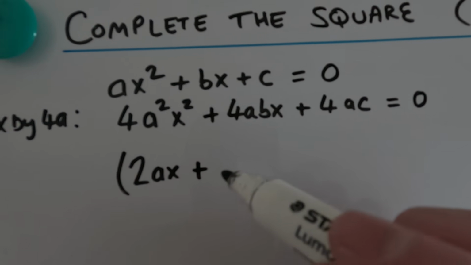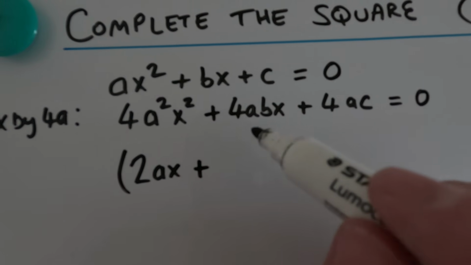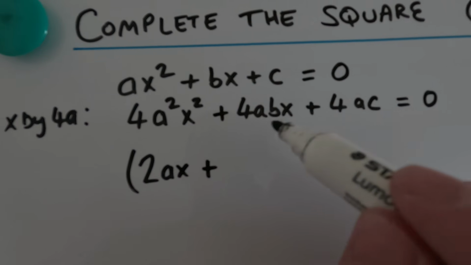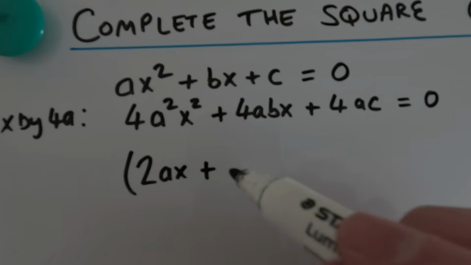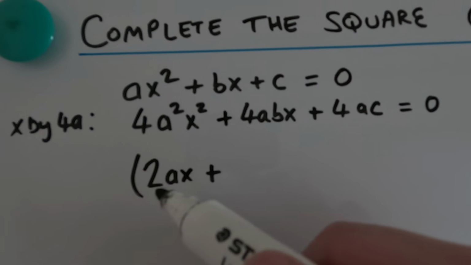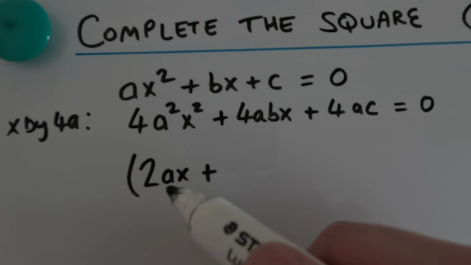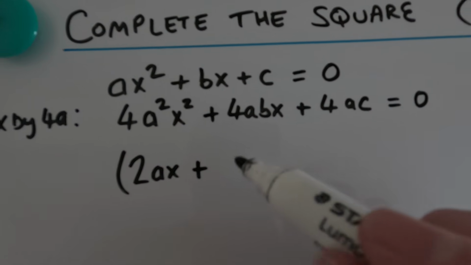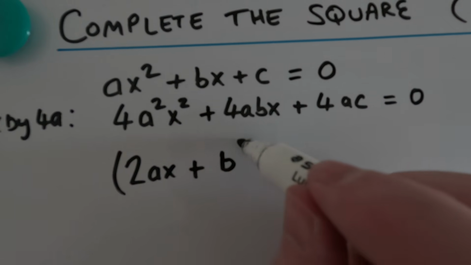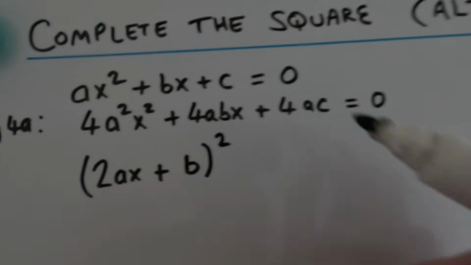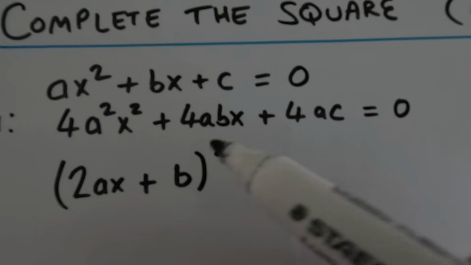Okay, so that's 2ax plus, so what goes in here? Well, as I say, we need a 2abx here because we're going to be taking double of it, double the product. So if we double that, we get 4abx, and that still leaves us with a b. So that's just going to be b. And then we close the bracket and square it.